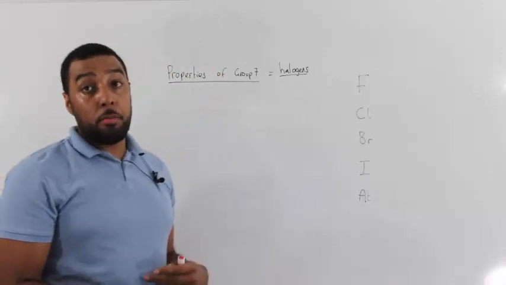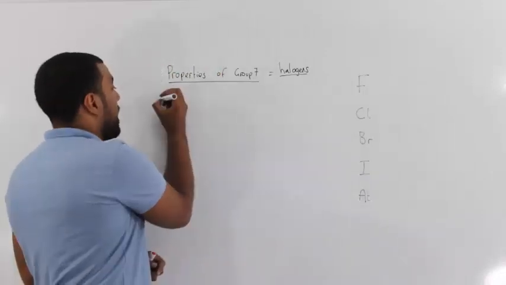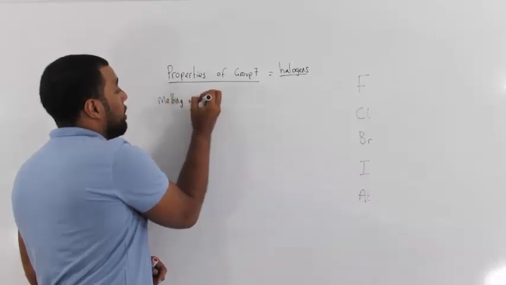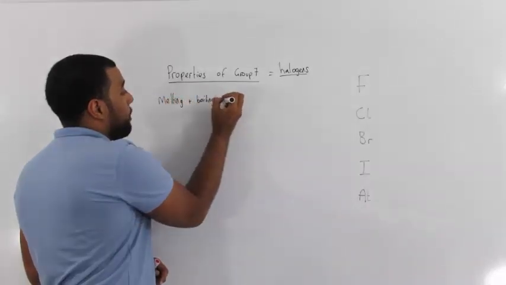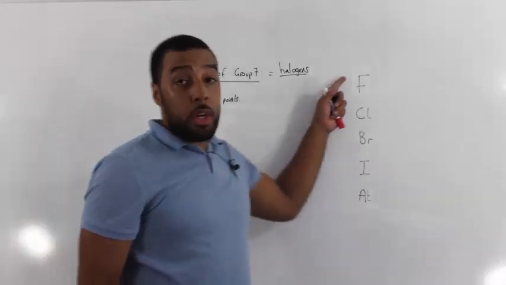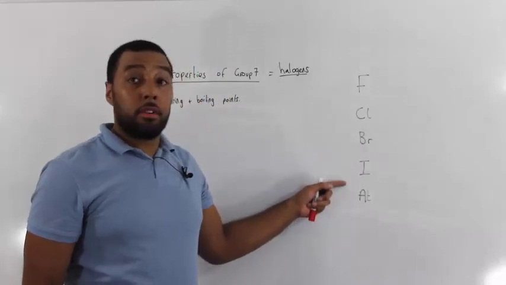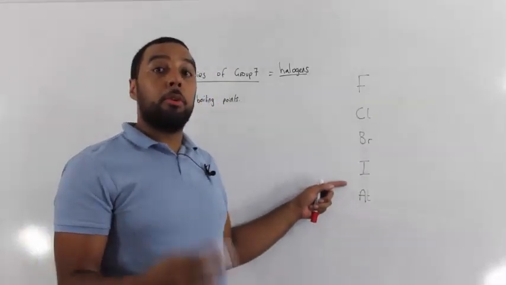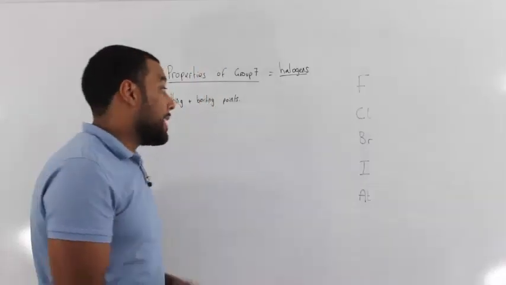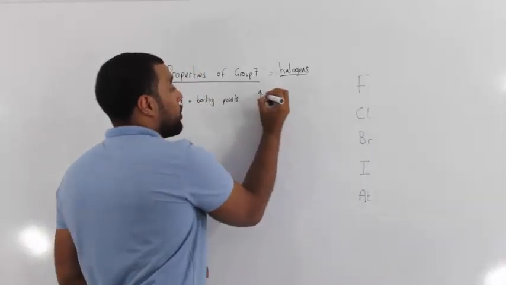Now we need to look at a few properties, and the first one that we want to look at is their melting and boiling points. Now as we go down group 7, the melting and boiling points of the elements increases, gets higher as we go down the group.